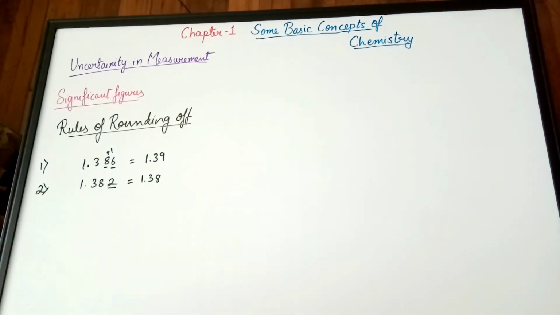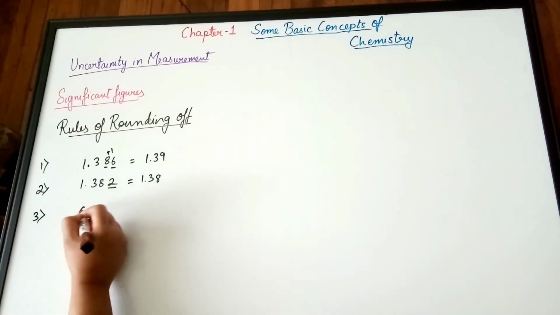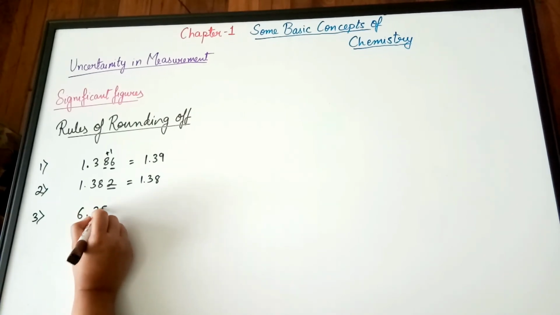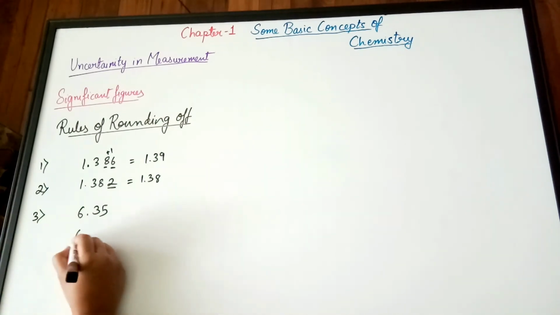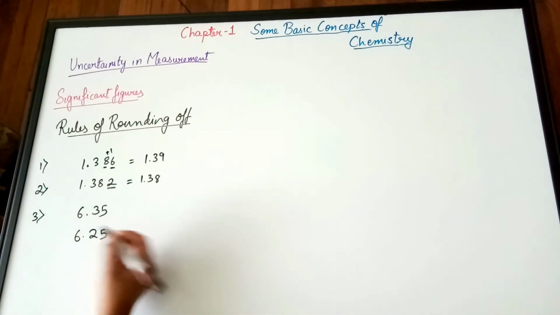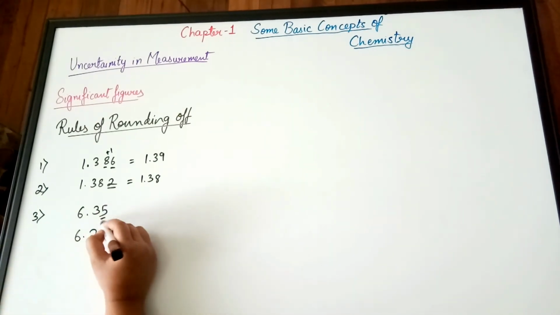Now, if the rightmost digit is equal to 5, let's assume 6.35 and 6.25. I will tell you what is done and then you will understand. We have to remove this 5.